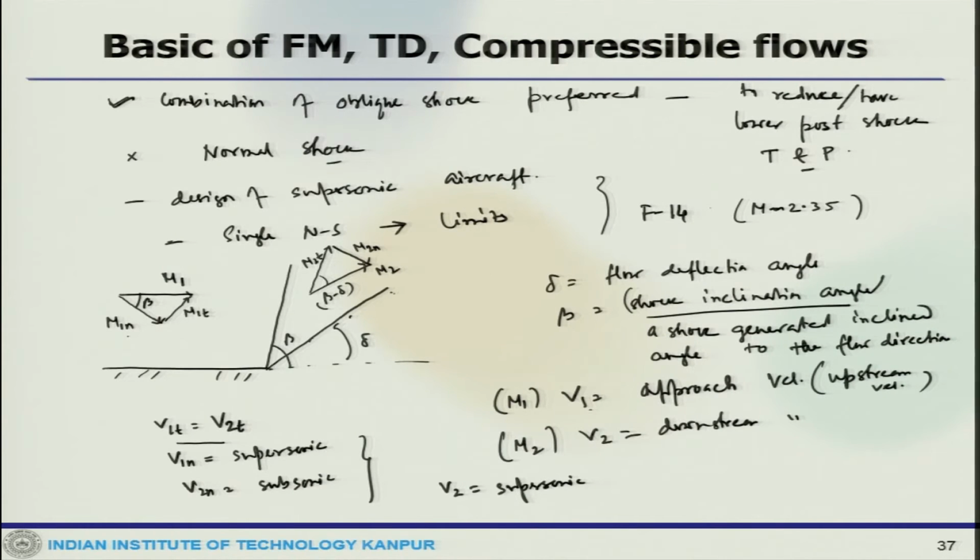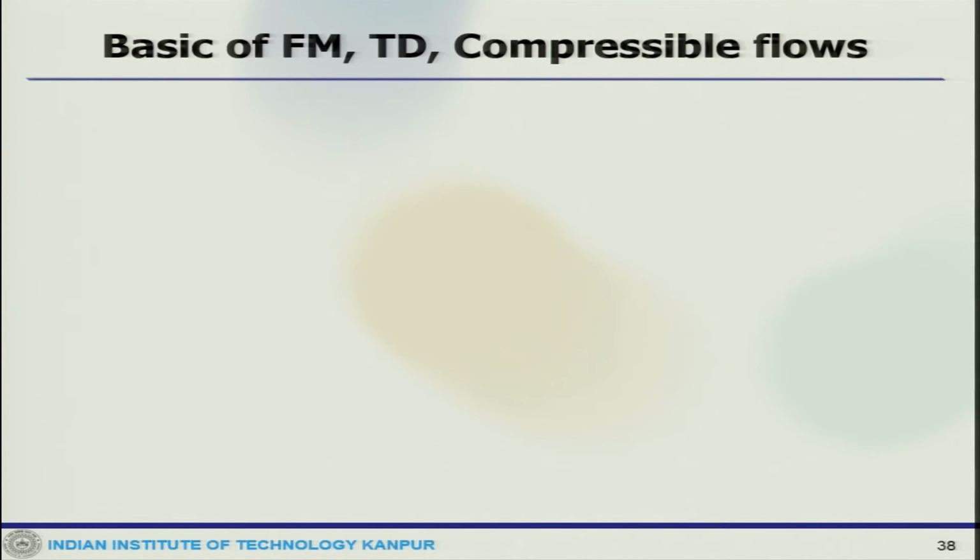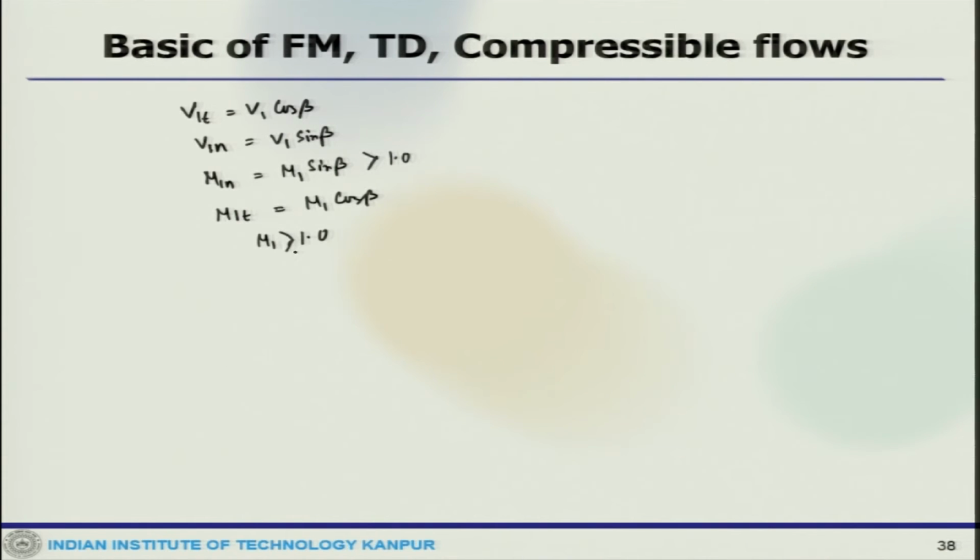Now, what one can write is that V1t is V1 cos beta, V1n would be V1 sin beta, and then M1n is M1 sin beta, which would be greater than 1, and you have one tangential component which is M1 cos beta, and M1 is supersonic, which is greater than 1.